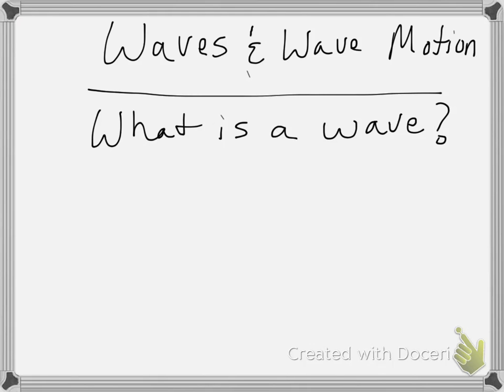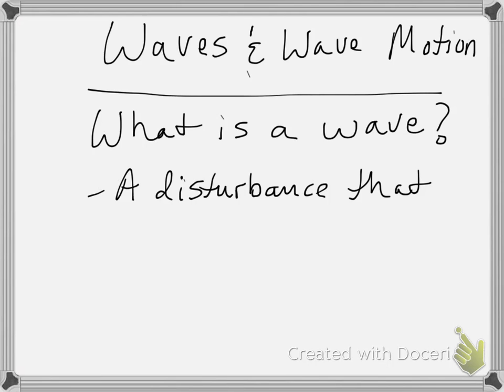And the answer to this question is a wave is just a disturbance that propagates through a medium. Right? So a disturbance, and another word for propagate is moves. A disturbance that moves through a medium.